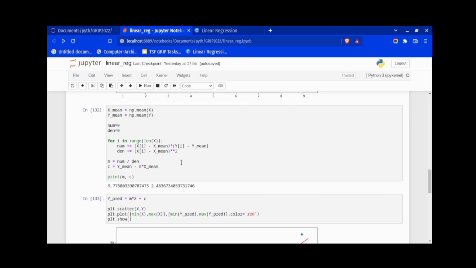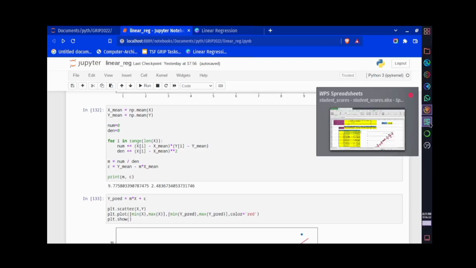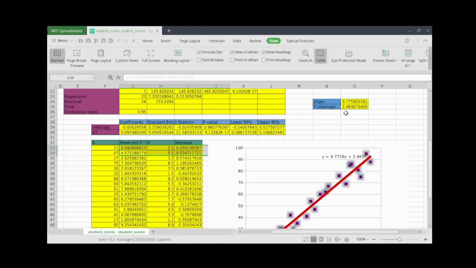We divide the numerator by the denominator to obtain the value of m, and then print the values of m and c. We obtained the same in Excel, which is 9.7758 and 2.4836. See, we are obtaining the slope value as 9.7758 and 2.4836, as in Excel too.